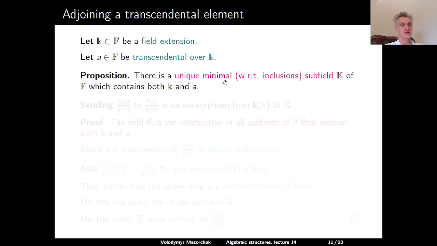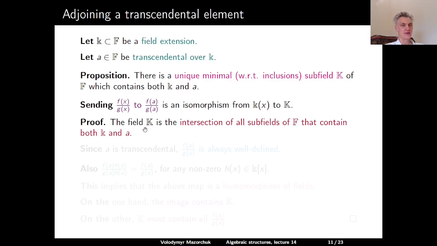Proposition: there is a unique minimal, with respect to inclusion, subfield capital K of f, which contains both little k and a. Moreover, sending a rational function f of x divided by g of x to f of a divided by g of a gives an isomorphism between the field of all rational functions over little k and the field capital K.